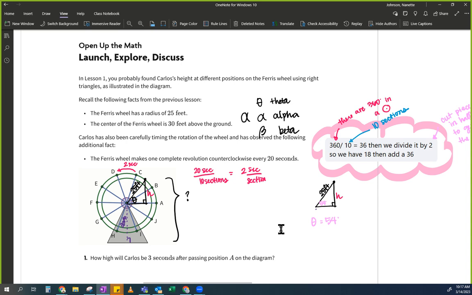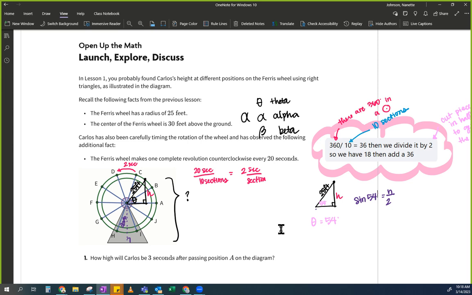Okay, so you should have written an equation. What's your equation? Give me your equation. Okay, yes, I will explain that, sure. So yes, very good. Sine of 54 degrees equals h over 25. Go ahead and solve that.